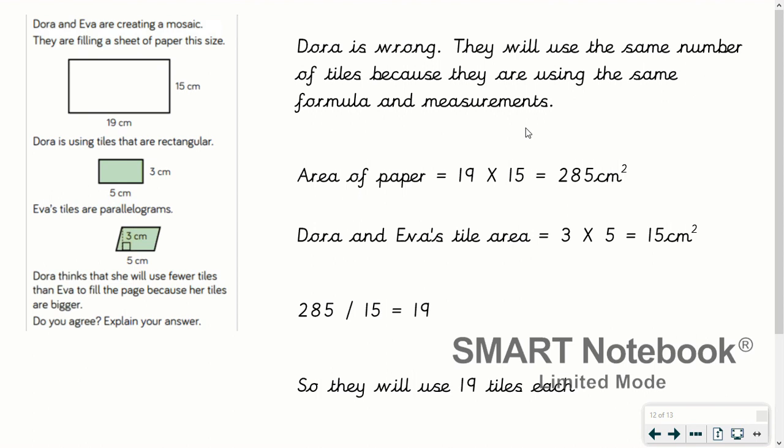So to check how many we'll use, the area of the paper is 19 times 15, which is 285 centimeters squared. Dora and Eva's tile area is 15 centimeters squared. So we divide the 285, the whole area of the paper, by the area of the tiles, and it gives us 19. So they will each use 19 tiles. They use the same. So Dora was wrong.